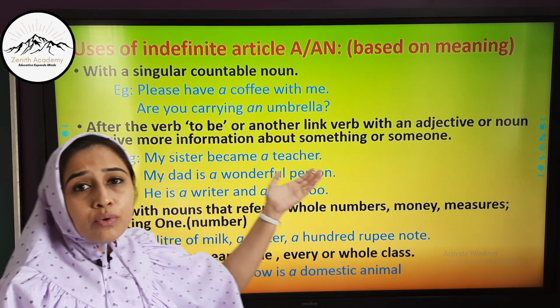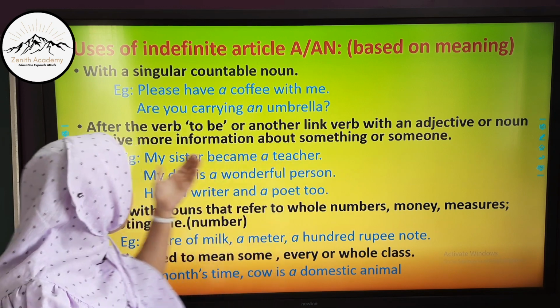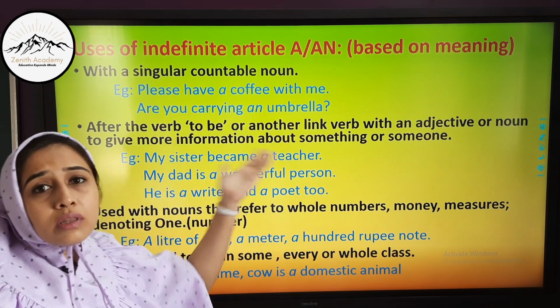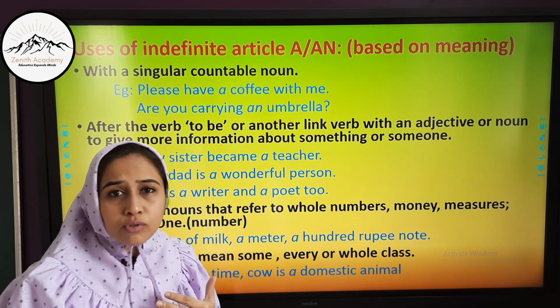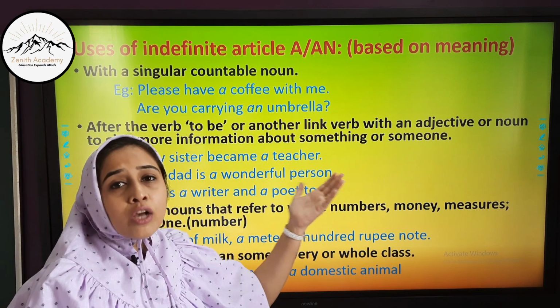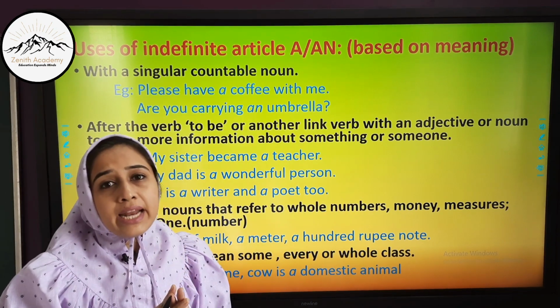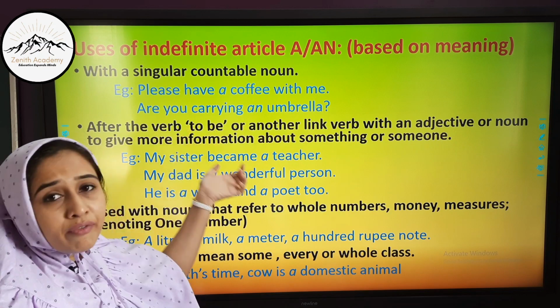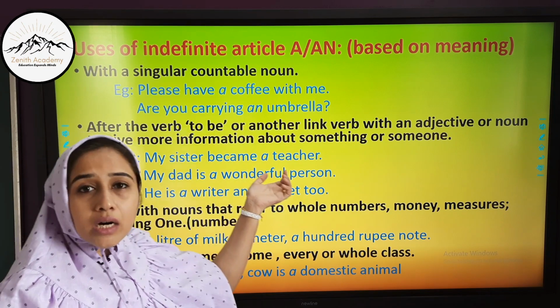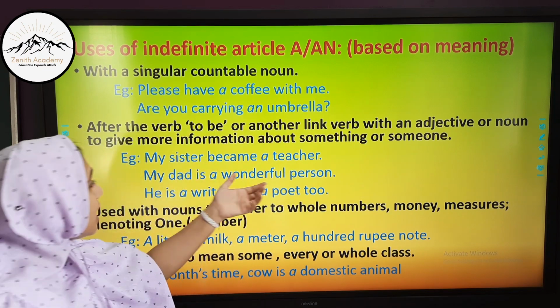When I say here both sister and teacher, both are common nouns. You may use proper nouns also: Seema became a teacher. So when two nouns are linked, or a noun and an adjective are linked using a to be form of the verb, we use a. My sister became a teacher.